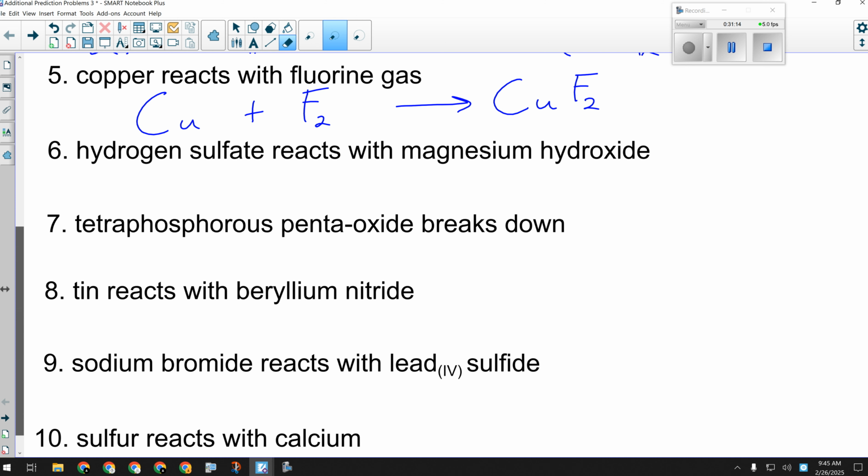All right, for number 6, we've got hydrogen sulfate. Hydrogen's listed first, so behaving as a metal, with sulfate, SO4 with a 2 minus charge.